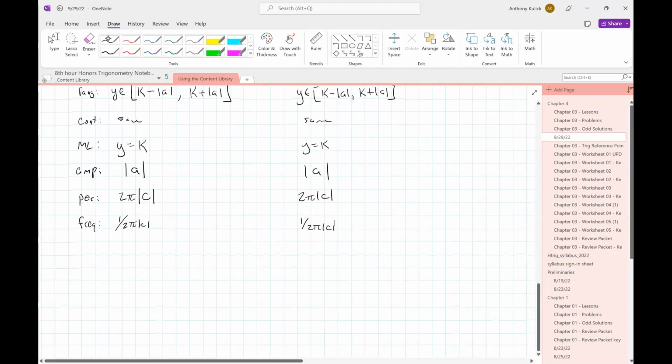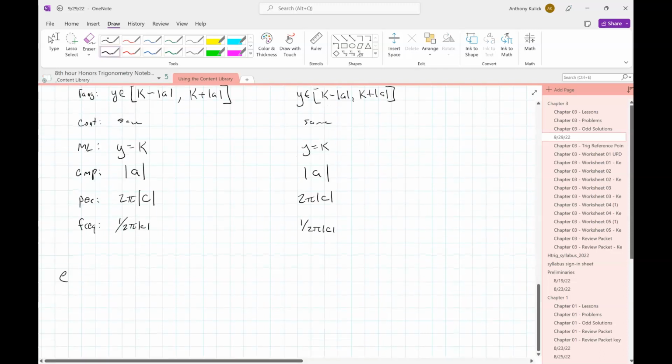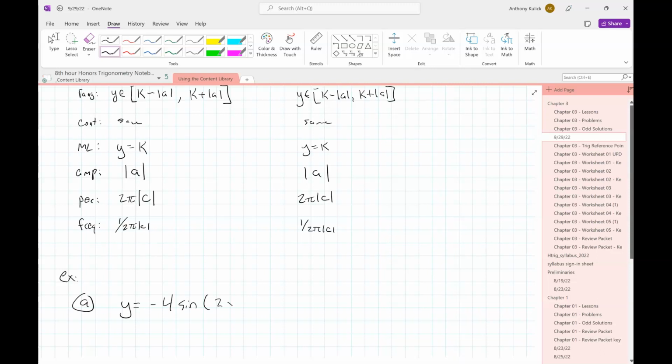So let's take a moment and do some practice on that. I'm just going to give you a couple of sinusoids, and we're going to determine the domain, range, midline, amplitude, period, and frequency.